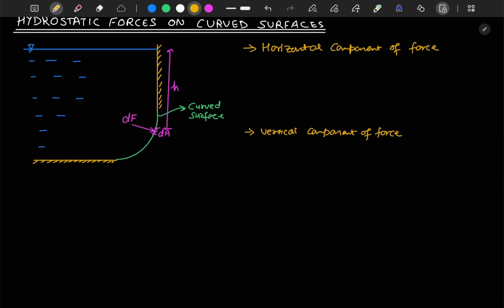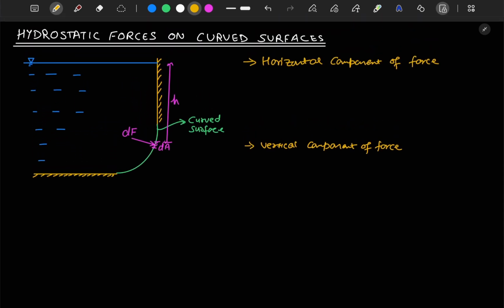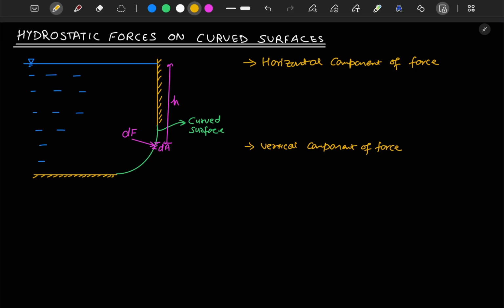Now let's first calculate these values. The elemental force dF acting on this small surface will be equal to rho g h times dA.